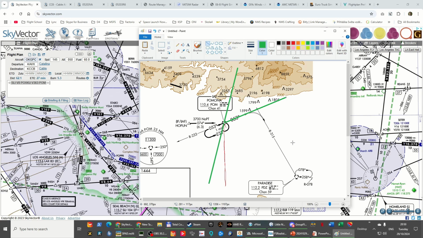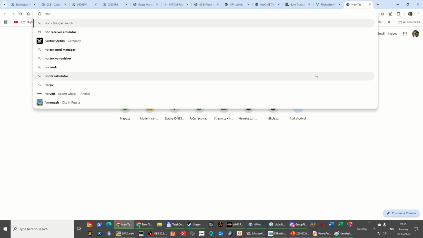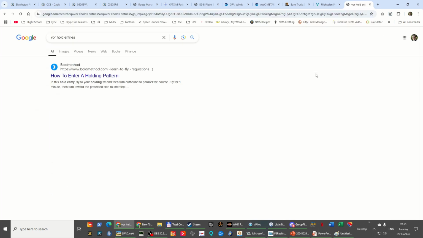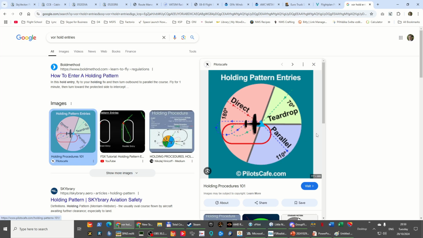I would say parallel in this case, but let's actually look it up, because, you know, viewer hold entries. Here it is. So that's direct for me if I punched it in correctly. But it's on the edge between direct and parallel, only by a few degrees off. So I guess ATC wouldn't notice if you went parallel.